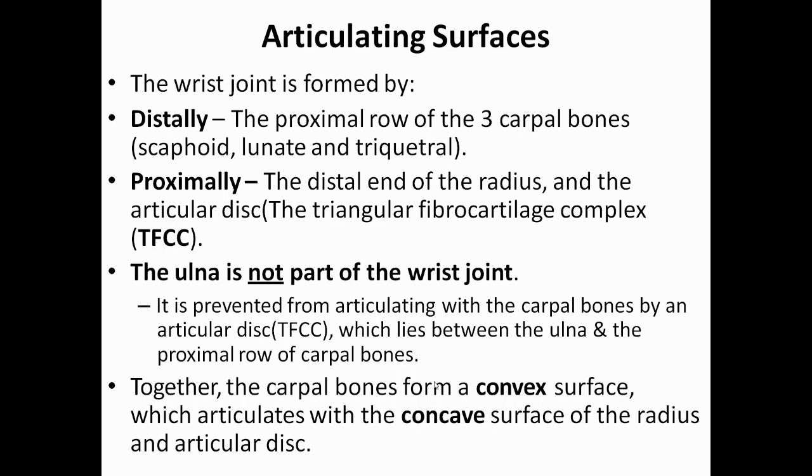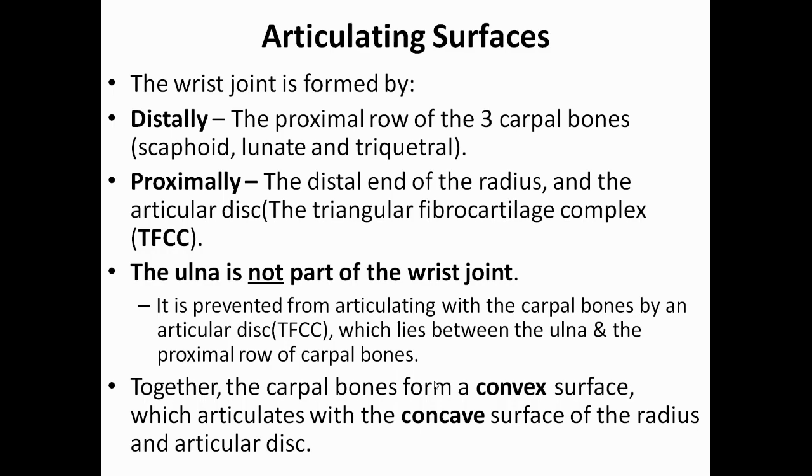Articulating surfaces: the wrist joint is formed distally by the proximal row of the three carpal bones, that are scaphoid, lunate, and triquetral, and proximally by the distal end of the radius and the articular disc, the triangular fibrocartilage complex. Ulna is not part of the wrist joint.